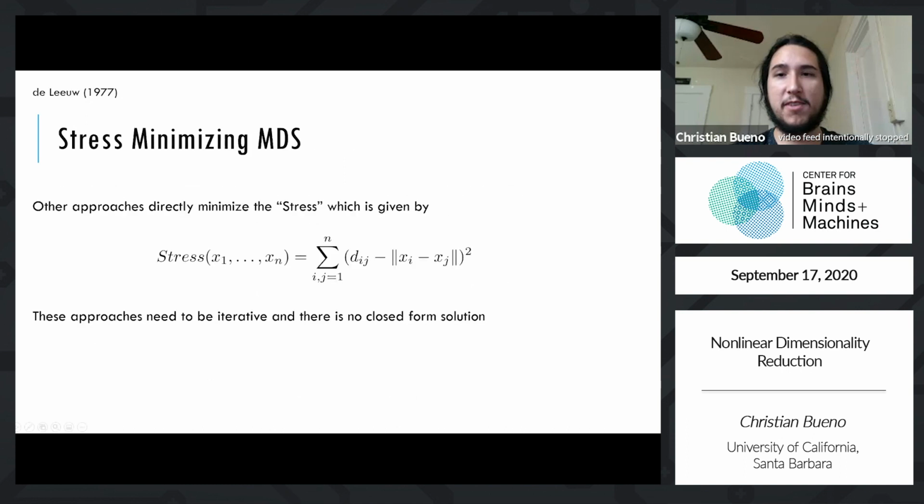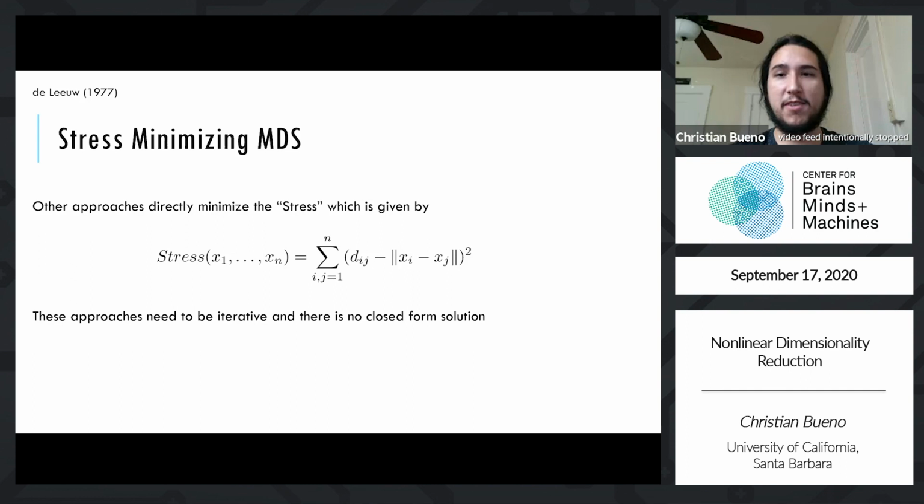You can also do this, if you didn't want to be stuck with that linear method, by something called stress minimization. You look at this functional, and now you really can't do linear algebra to get your answer like we did before, which may be a pro, maybe a con.